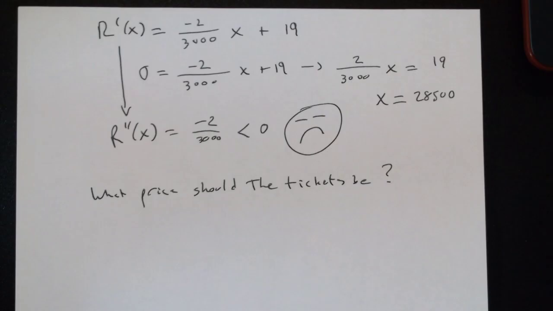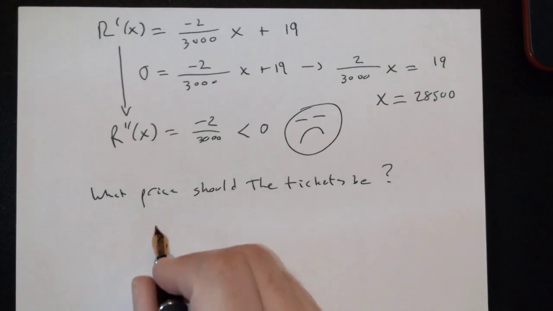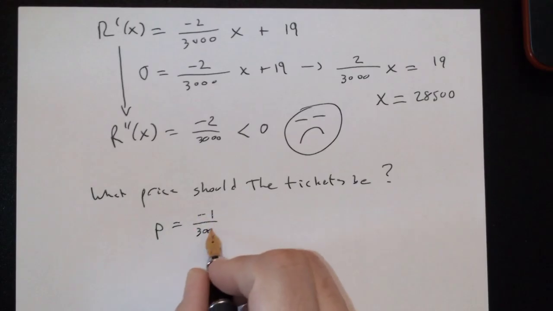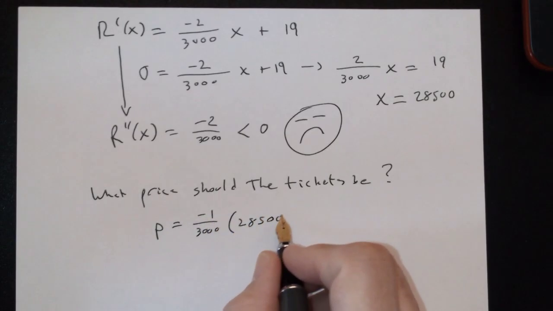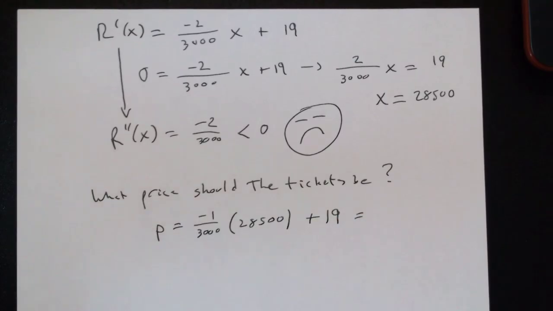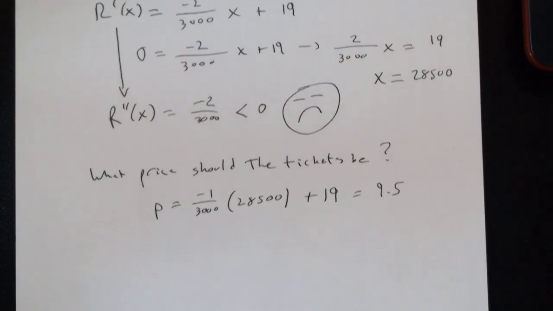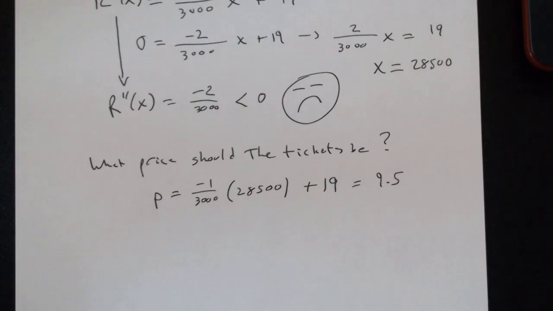Which original equation? Dollars. $9.5 per ticket will bring in the most money to this stadium per game. I don't ask how much money I will bring in, because that would be my gross revenue, right? I didn't plug into R of X. I plugged into the demand equation, P.